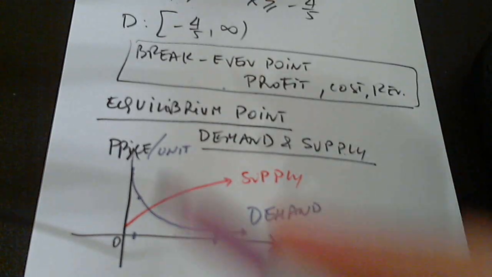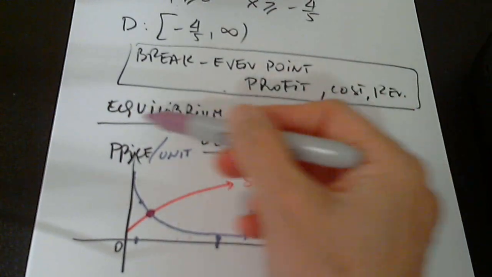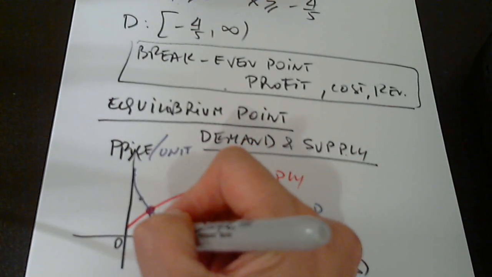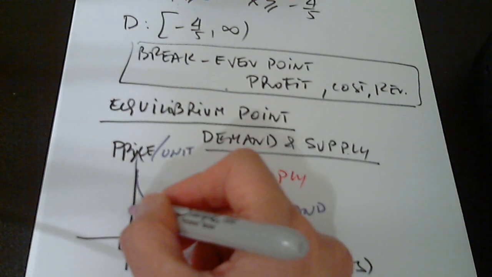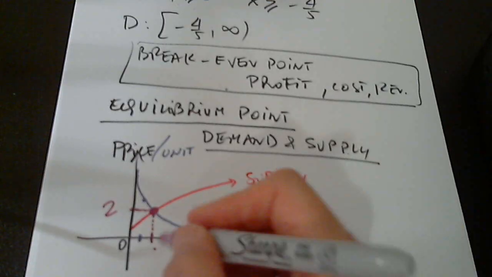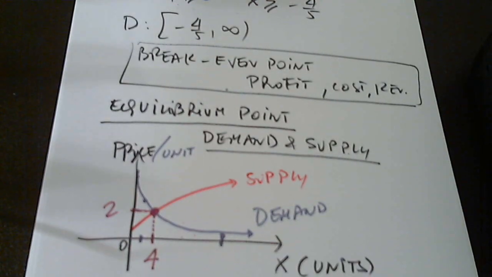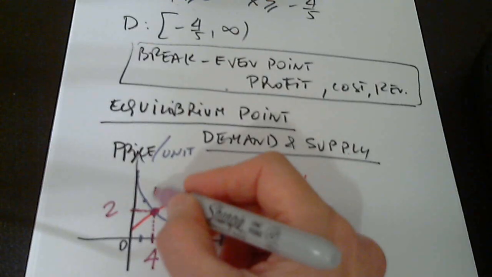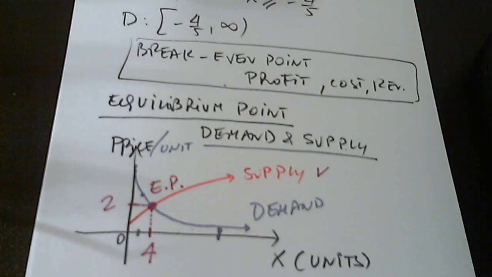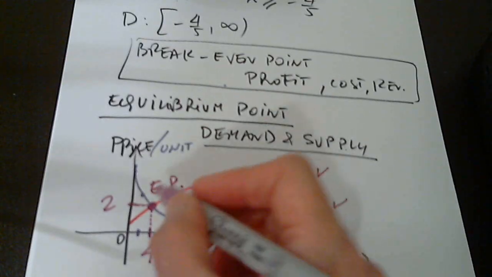This point right here is what we call the equilibrium point, in which everybody is happy.